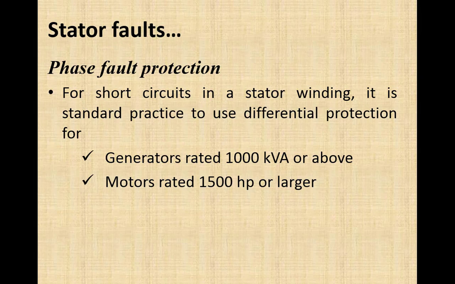For motors rated above 1500 horsepower, for such a large motor, we also use differential relay, or it is recommended or standard practice. Or if motor is rated above or equal to 5 kilovolt, so if the motor is a high voltage motor, then it is standard practice to use differential relay.